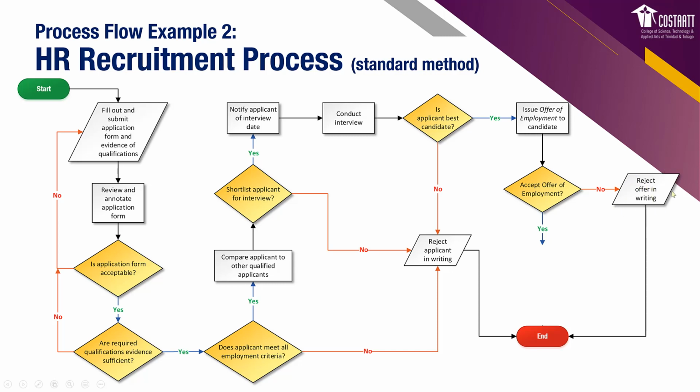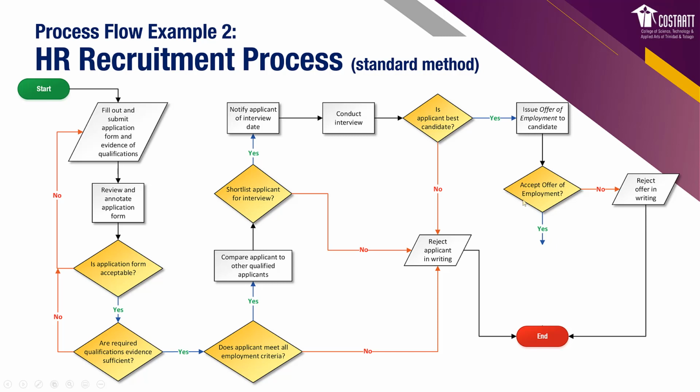Hence, it is a parallelogram. Okay? So, do I accept the offer of employment? The answer is no. Reject the offer in writing, and we take it to the end. That's it. End of the process. End of everything. We move on to the next person.